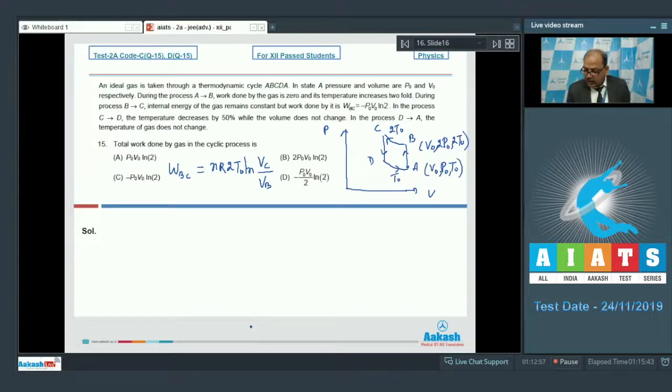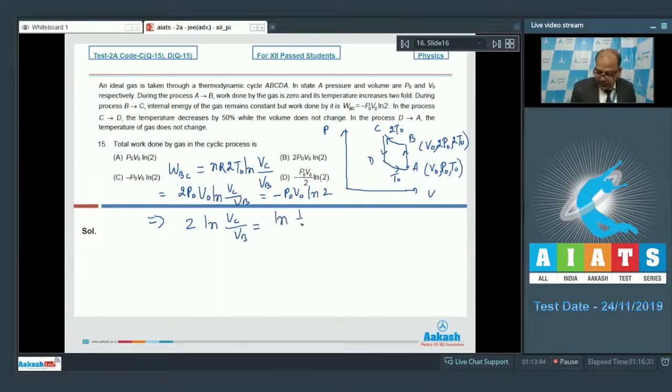Now P0 V0 is nRT0, so this is equal to 2 P0 V0 ln Vc by Vb, and as per the question this is equal to minus P0 V0 ln 2. That means 2 ln Vc by Vb is equal to ln 1 by 2.